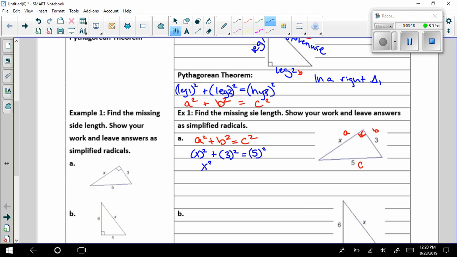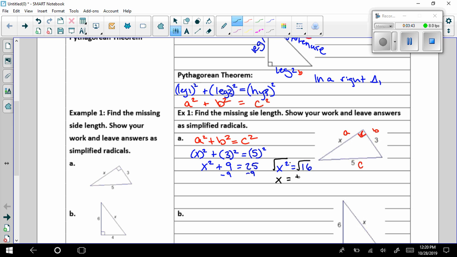So we have x squared plus 9 is equal to 25, and then we're just going to solve this out. We subtract the 9 over, and we get x squared is equal to 16. Then we square root both sides. To get rid of a square, use square root. So x is equal to, and this requires you to kind of go back to algebra.